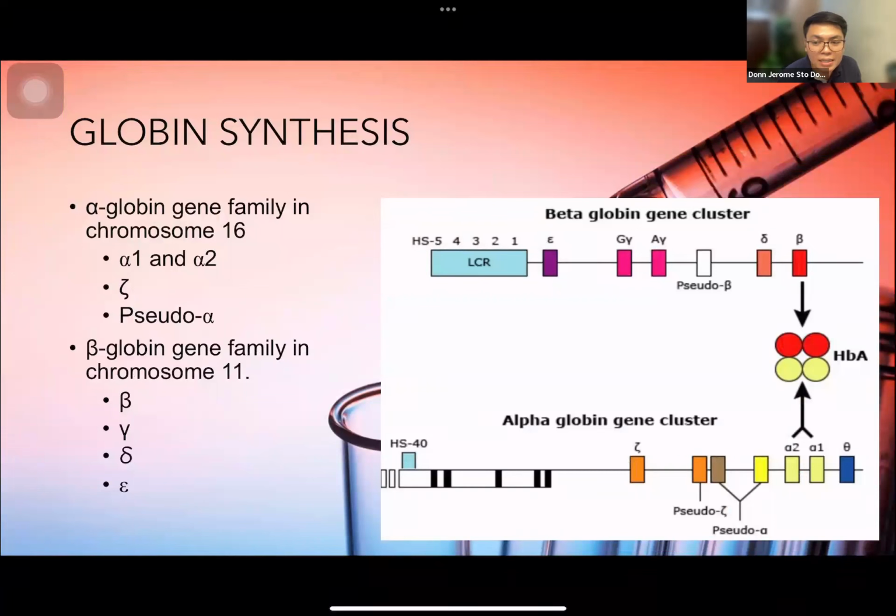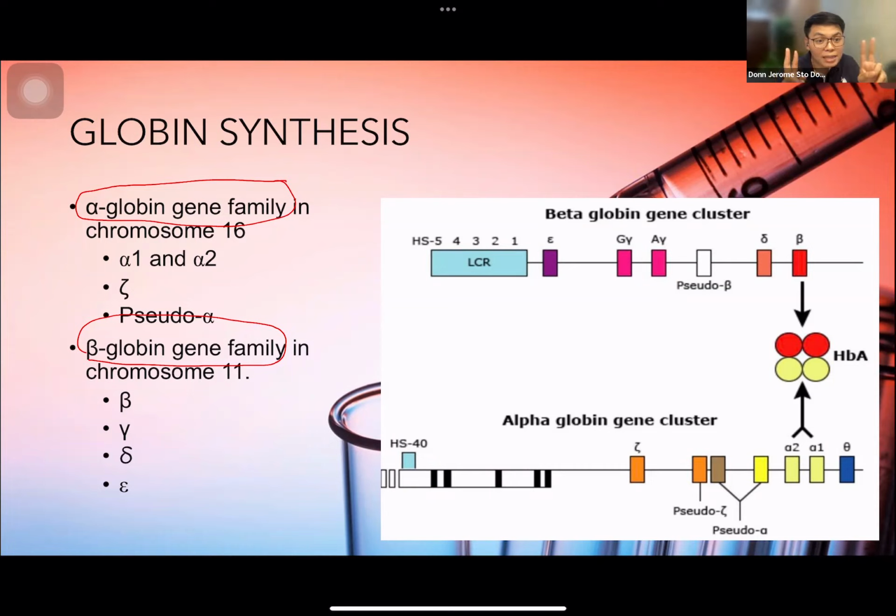Globin synthesis is carried out by 2 gene clusters. One is the alpha globin gene family located in chromosome 16, and the other one is the beta globin gene family located in chromosome 11. Please remember that in normal globin synthesis, you always need 2 globin chains coming from the alpha globin gene family and 2 globin chains coming from the beta globin gene family.